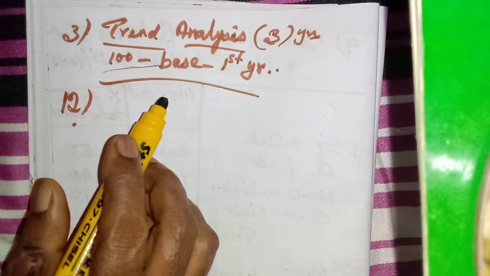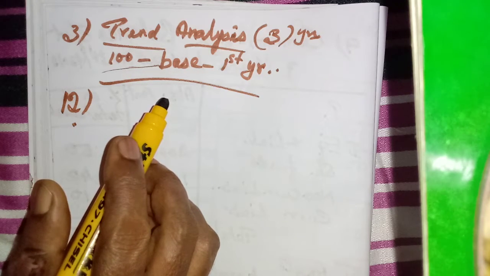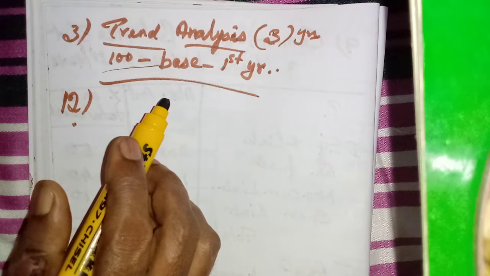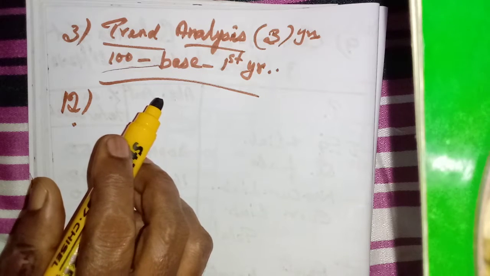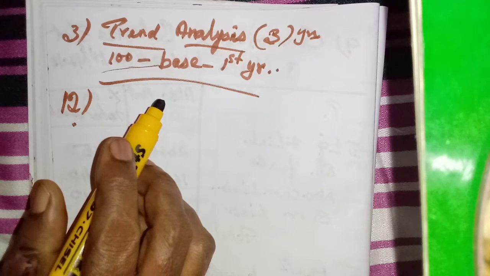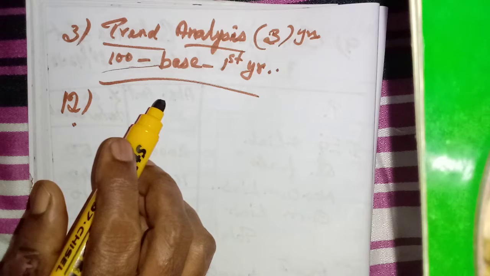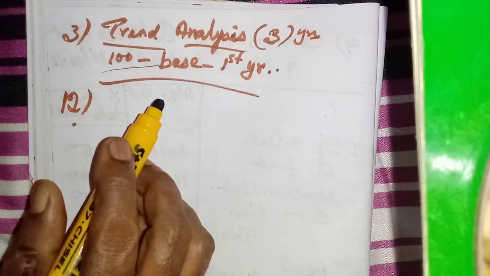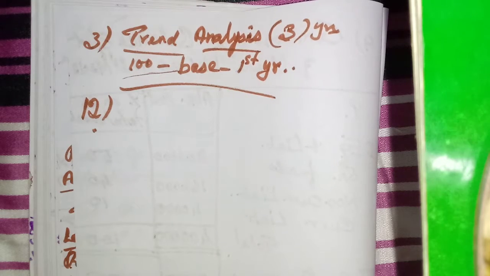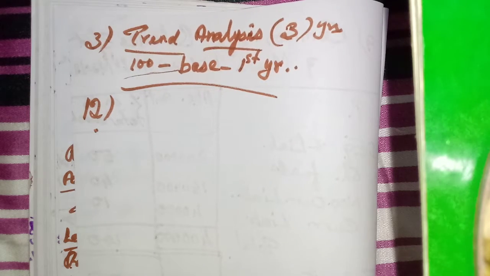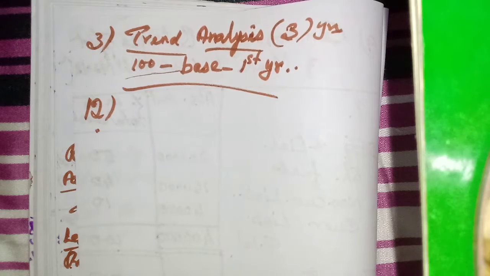From the following particulars, calculate the trend percentages of Kala Limited. Rupees in thousands given. Revenue from operation, 3 years: 16, 15, 16, 16, 17, 17, 18. Other income, expenses. Where they have given everything, isn't it?